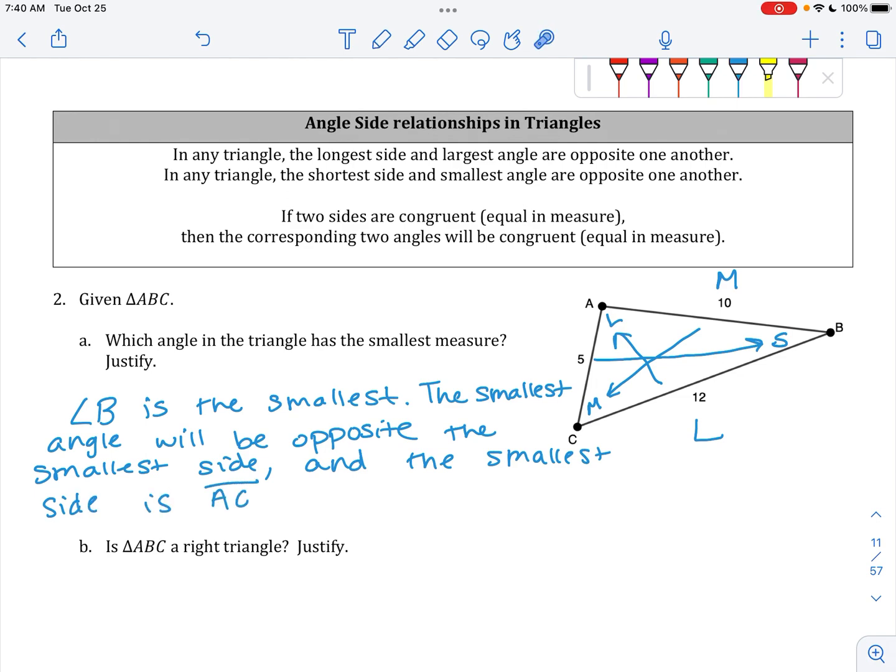Notice my really good notation here using the segment bar, not just saying AC without it, because AC without it means distance, not segment. And so there's my justification. And here is my evidence, right? I labeled this and there's my evidence.